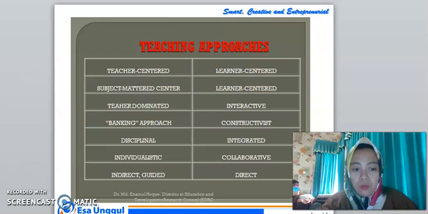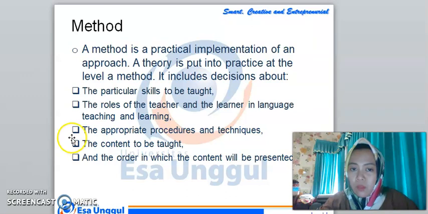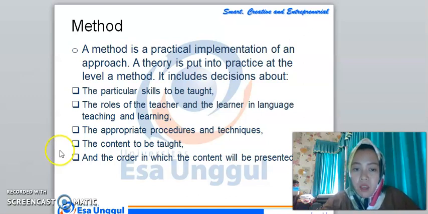Then we go on to the method. What is method? Method is a practical implementation of an approach. It's a theory which is put into practice at the level of method. It includes the particular skill to be taught, the roles of the teachers and the learners in language teaching and learning, the appropriate procedures and techniques, the content to be taught, and the order in which the content will be presented.